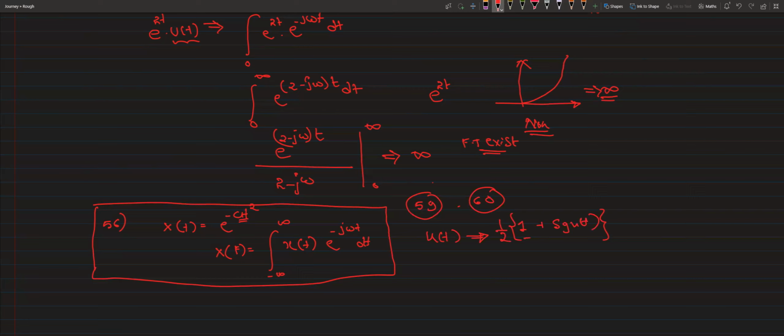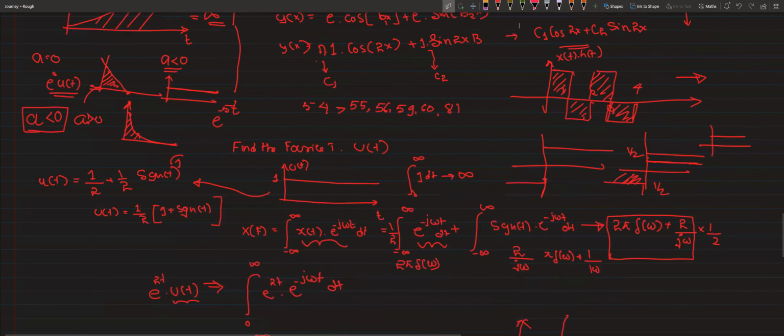Then we found two things. It is 2 pi times delta of omega and 2 by j omega. So this was actually the Fourier transform of signum of t. That is the answer for 59.